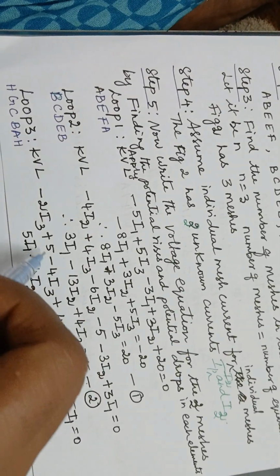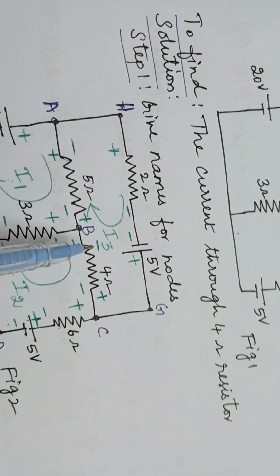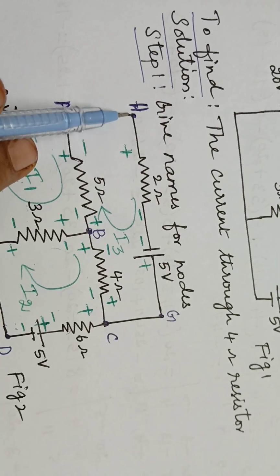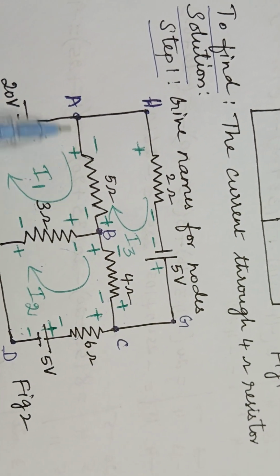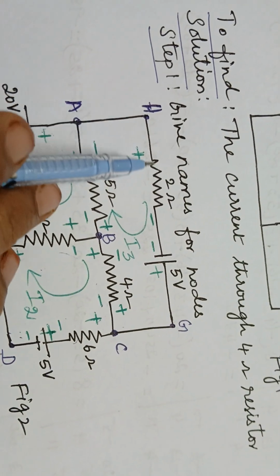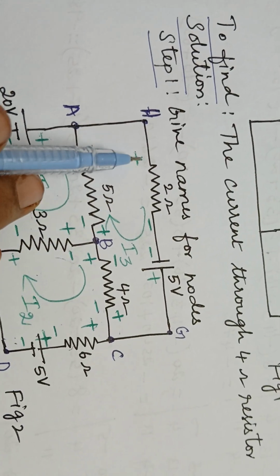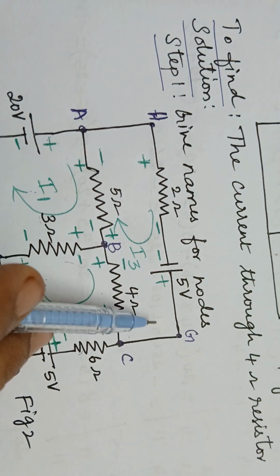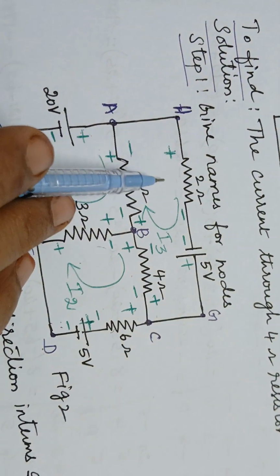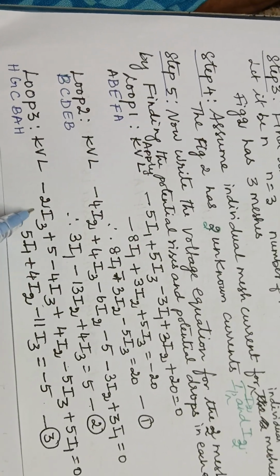Okay, similarly we are going to find it for loop 3. For loop 3, what is the consideration? We are moving as H, G, C, B, A, so the loop is like this, entering point like this. The current path is I3. Plus to minus means potential drop, minus to plus means potential rise. Here only one current is acting across 2 ohm, so it is minus 2 into I3.